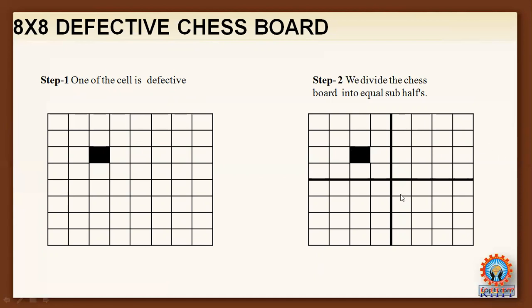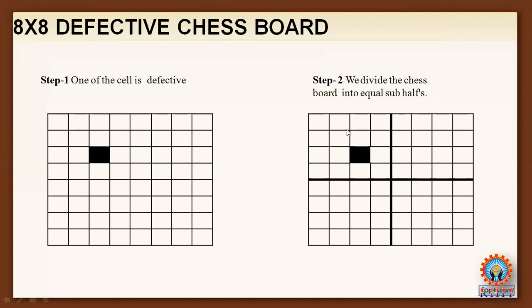Here, 2 rows and 2 columns. This 8 by 8 chessboard is to be split into 2 different parts, so this is one part, this is another part, 2 different parts. So total 4. Here I have highlighted this. We divided the chessboard into equal sub-halves.